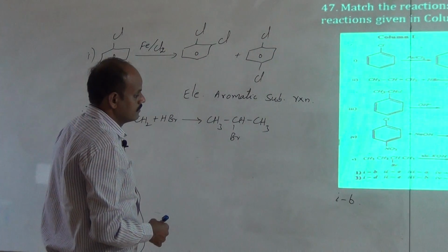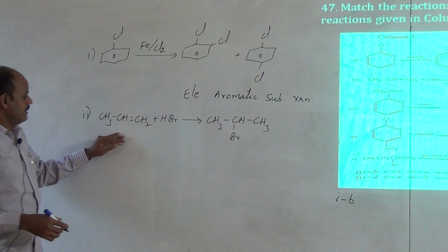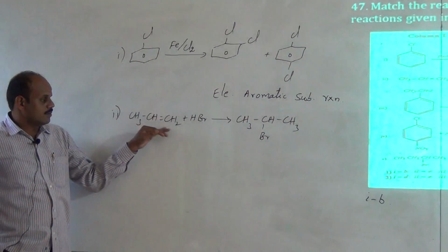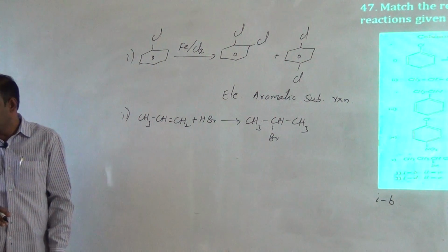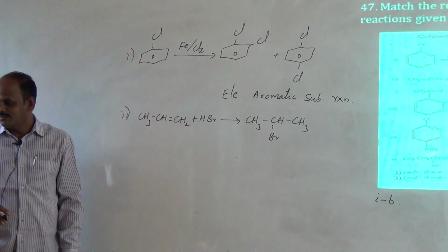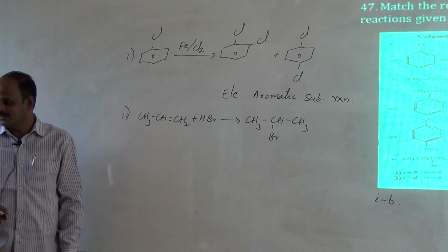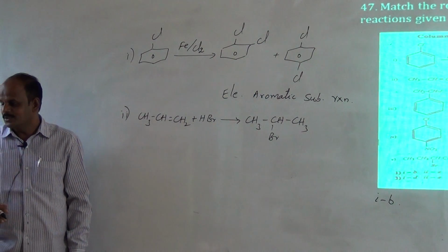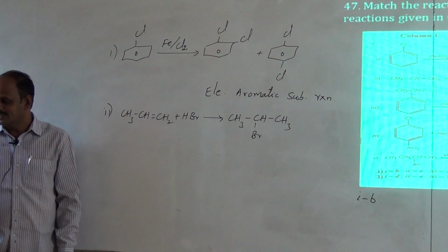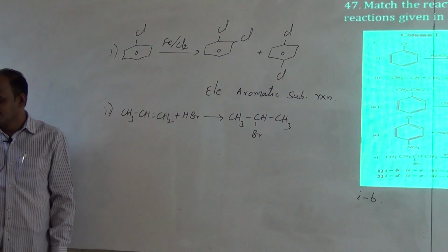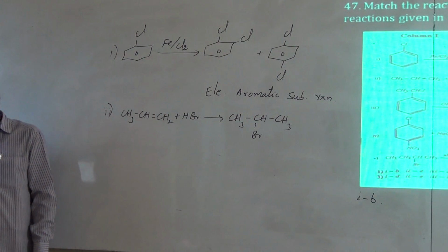The given reaction, CH3 CH double bond CH2 plus HBr, gives rise to isopropyl bromide. So this reaction belongs to which type of reaction? First one, nucleophilic aromatic substitution, no. Electrophilic aromatic substitution, no. Saytzeff elimination, no. Electrophilic addition, that is the D.